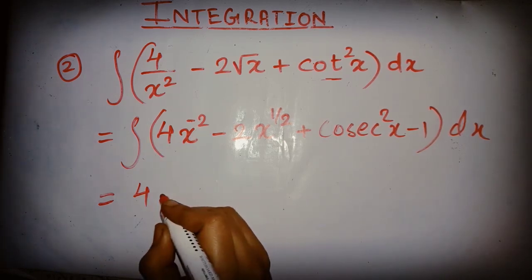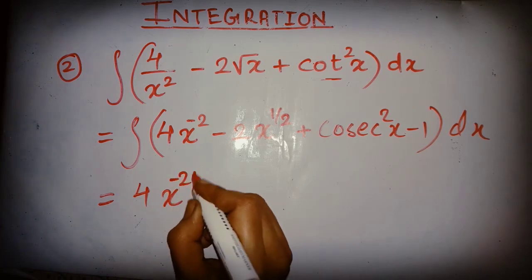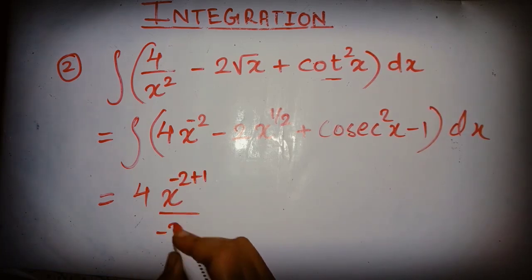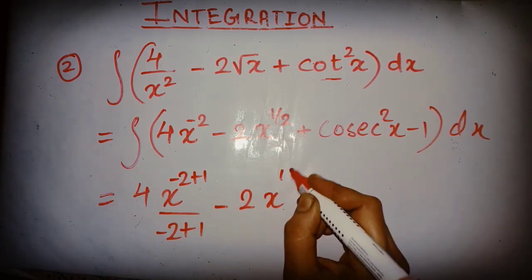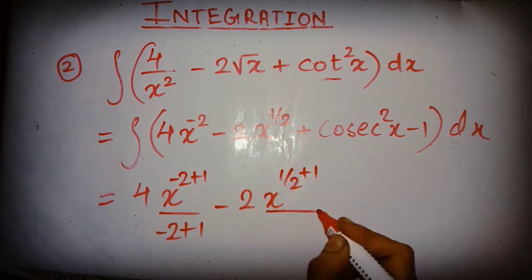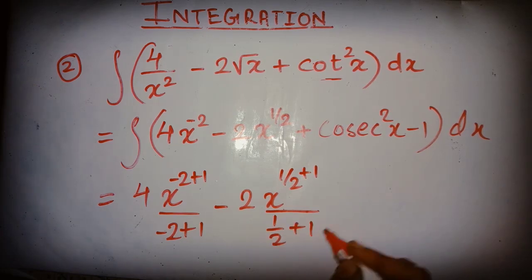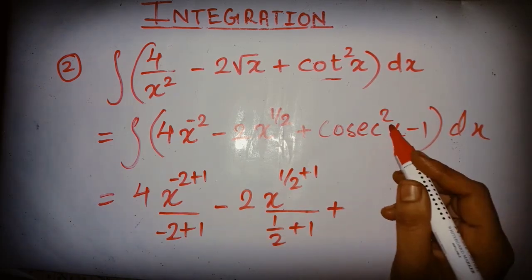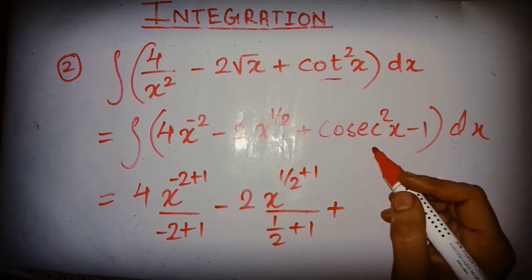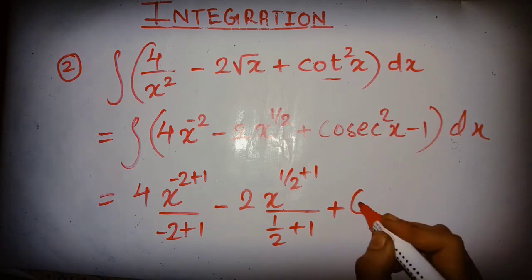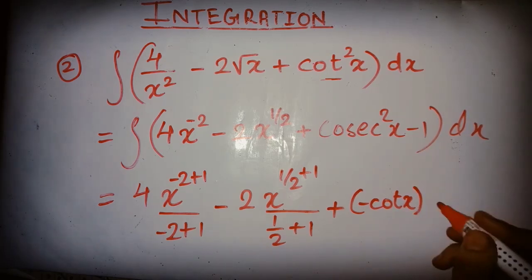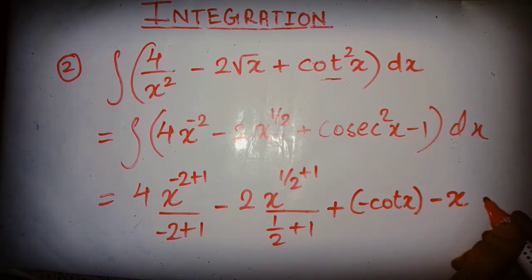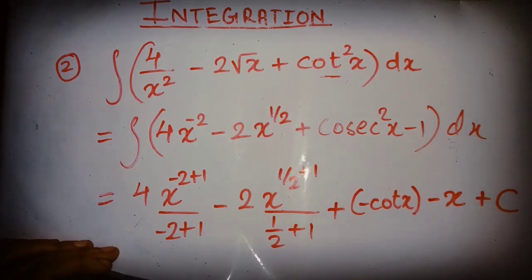So 4 x raised to minus 2 becomes x raised to minus 2 plus 1 upon minus 2 plus 1, minus 2 x raised to half plus 1 upon half plus 1, plus cosec square x, whose integral is minus cot x, and integral of 1 is x. Then we have the constant of integration, which is c.